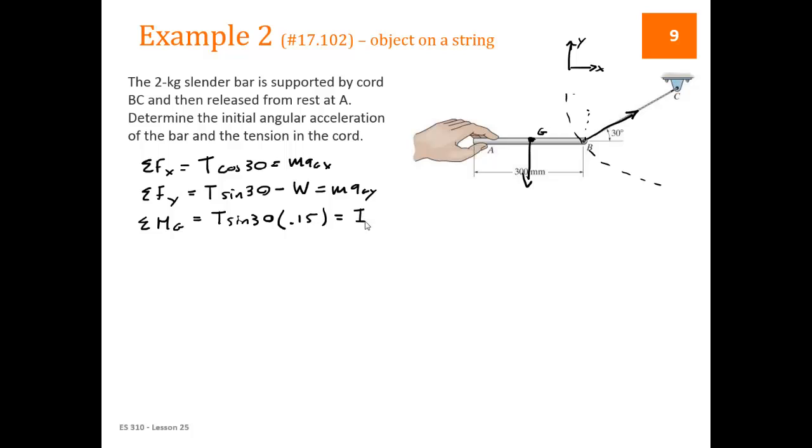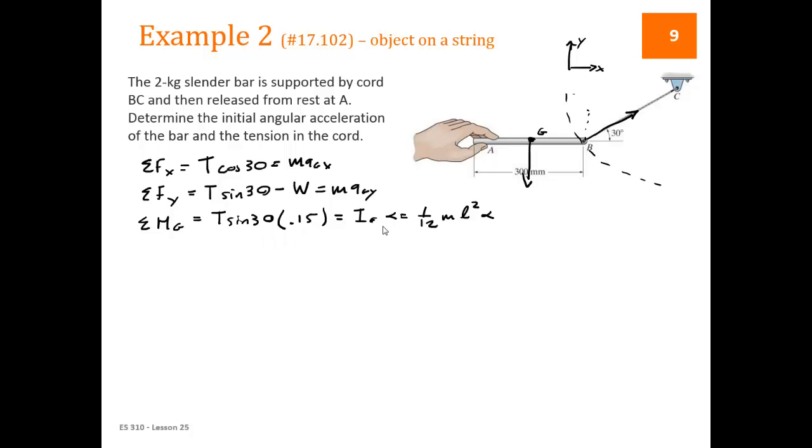So we'll write it as IG times alpha, and IG, if you look up on the table, the moment of inertia of a slender rod around its center is 1/12 of the mass times the length squared, times alpha, and the length is 0.3.